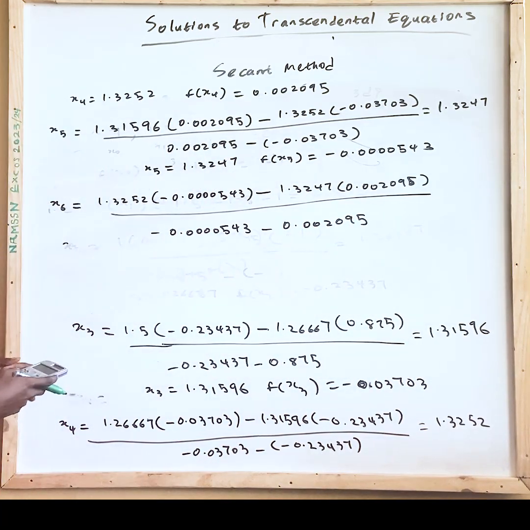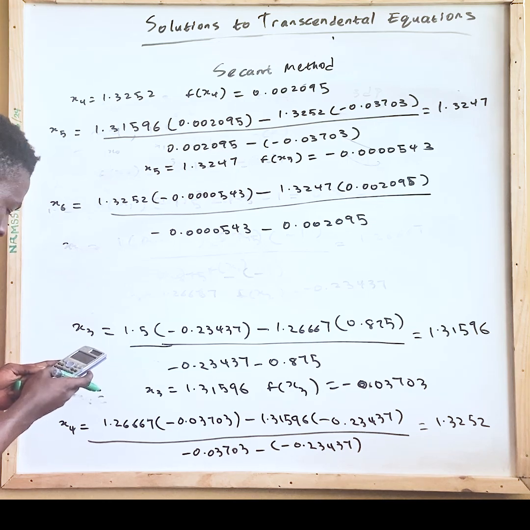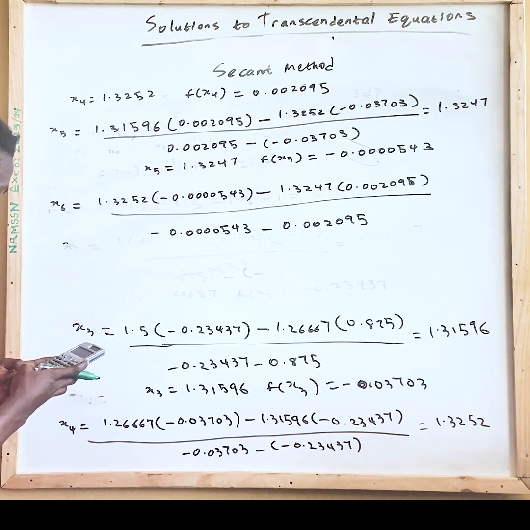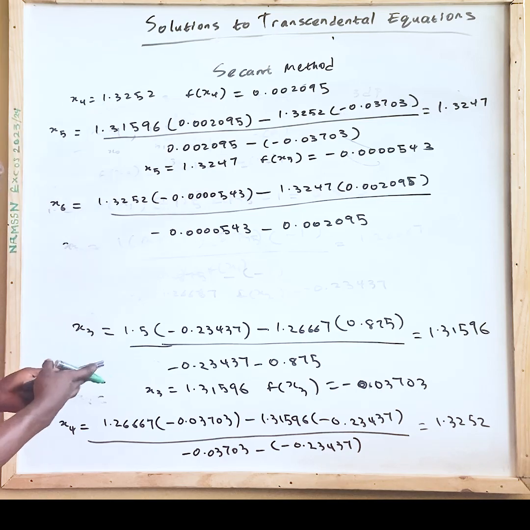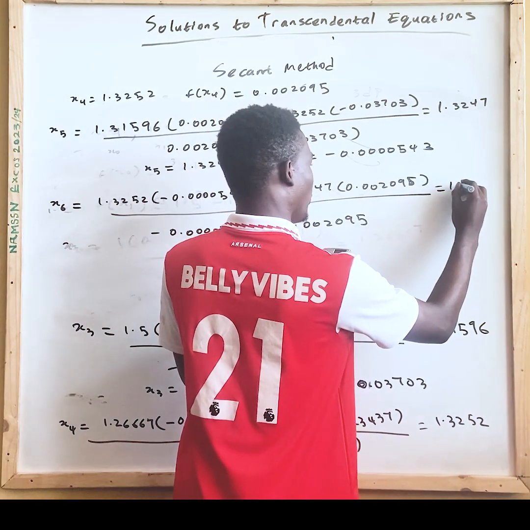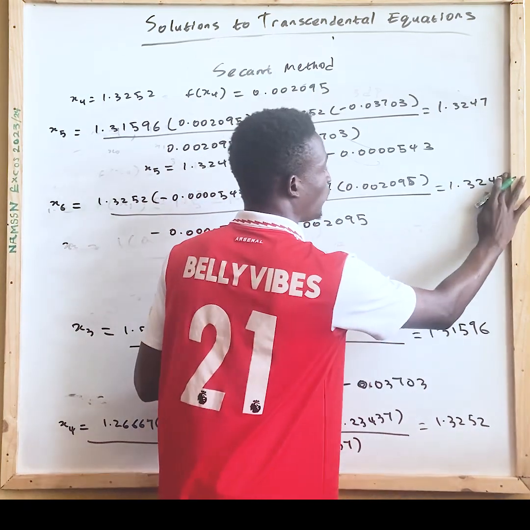So punching the calculator, 1.3252. Okay, so it gave me 1.3247 to 4 decimal places.